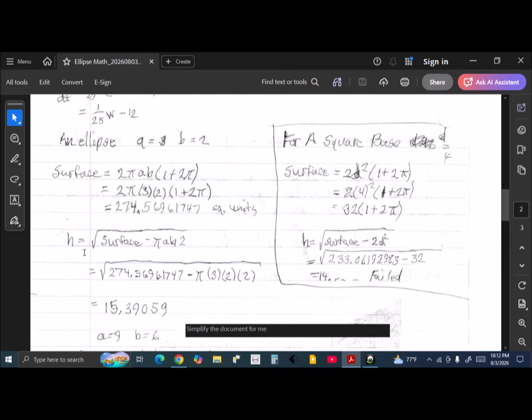So we solve for h, which would be the square root of the surface minus 2 pi ab. Of course, I have the 2 at the end here, so it's pi ab2.